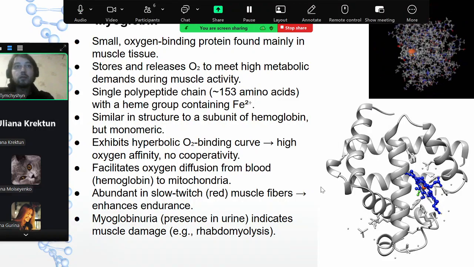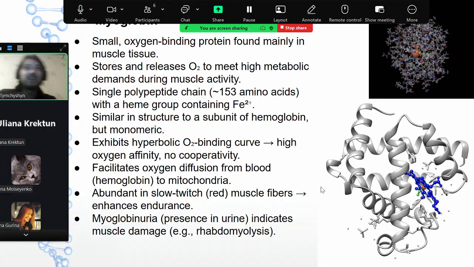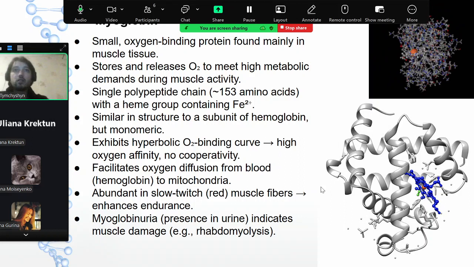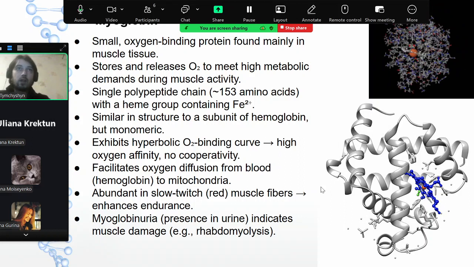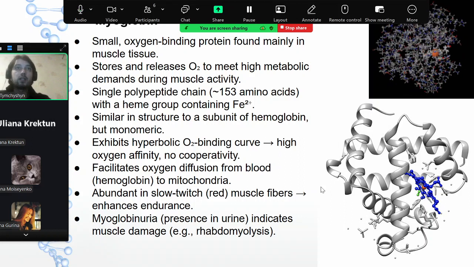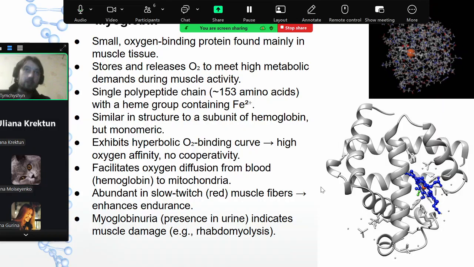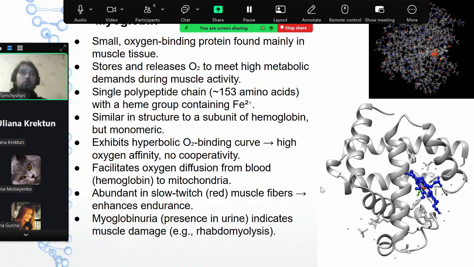Pretty tricky question for you. You remember when we considered hemoglobin, there was a pretty interesting effect that we called cooperativity.